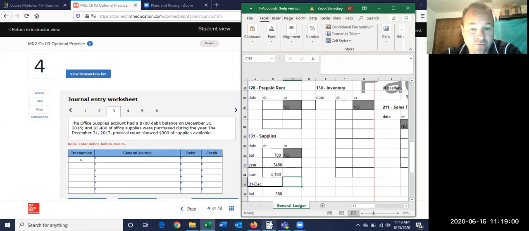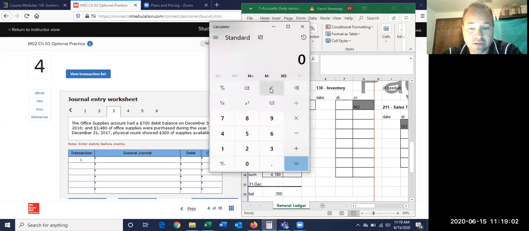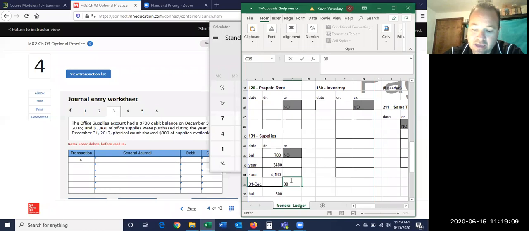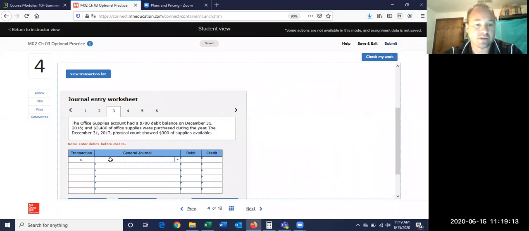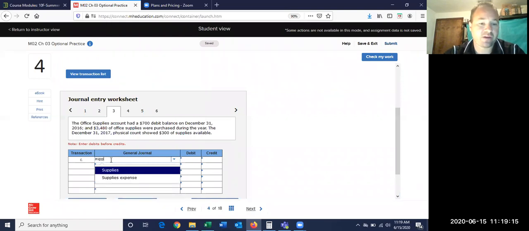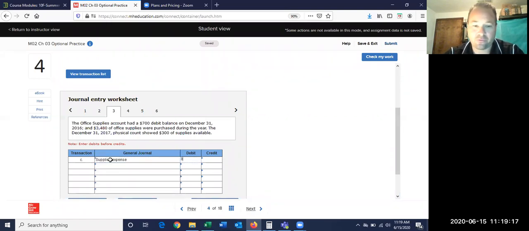And then it's just the difference between these two amounts. $734.80 minus the 300 that's left means I used $434.80. And if I used it, that's an expense. I debit supply expense for $434.80 and credit my supply account to show that I lost $434.80 of supplies.